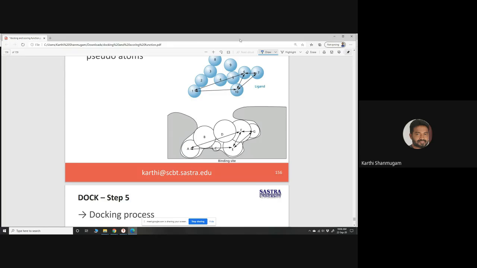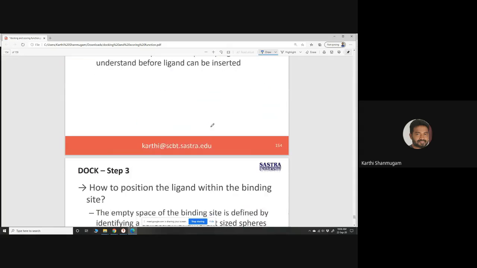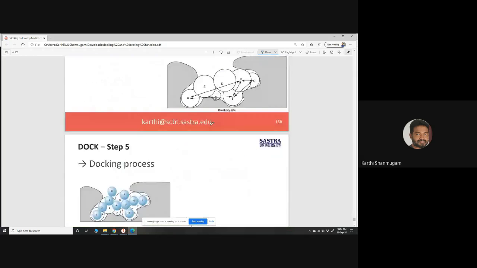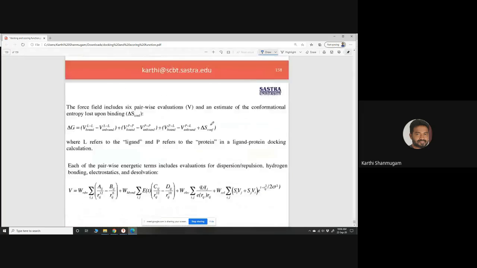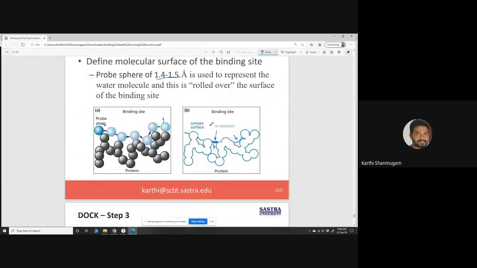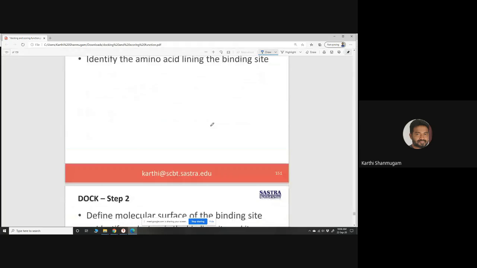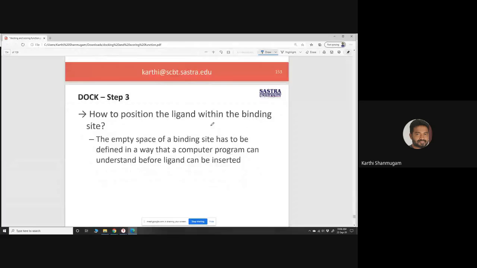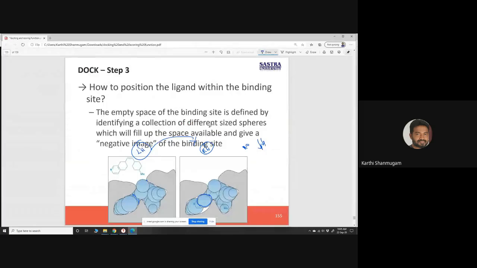Here, in this example, you have to assume that this molecule has the ligand molecule. One second. The ligand is missing. Okay, the ligand is here.